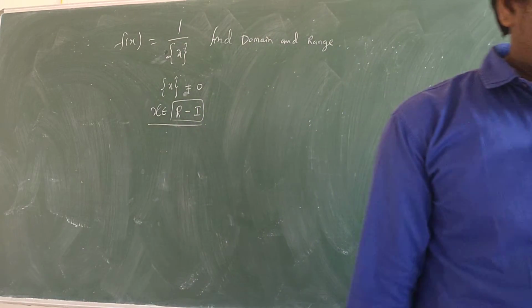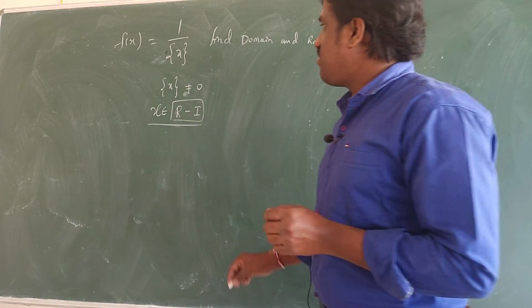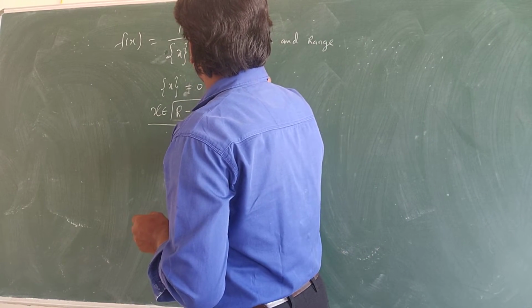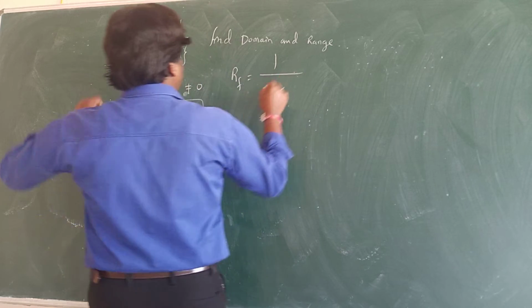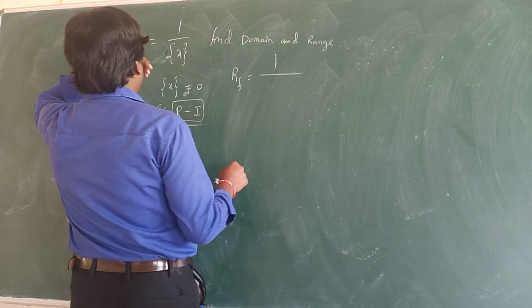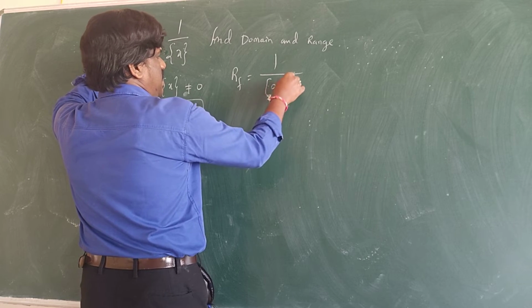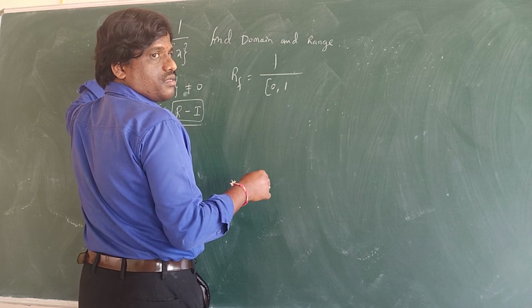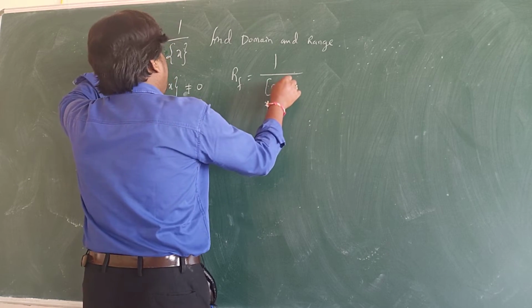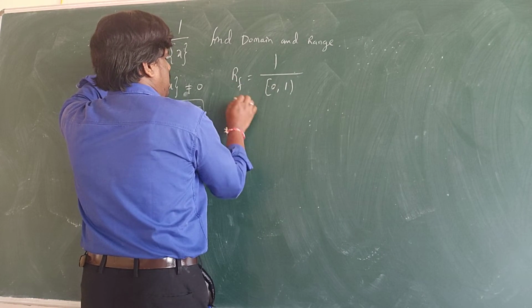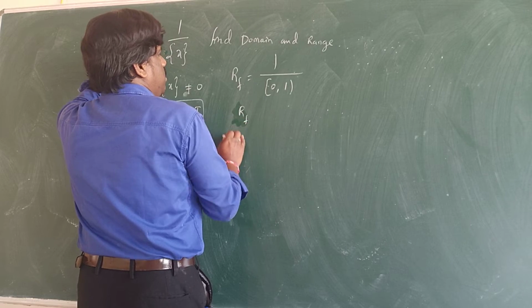Understood what I said? So what is the range of the function? Listen, what is the range of the fractional part? It is 0 to 1. So what will the range of the function be?